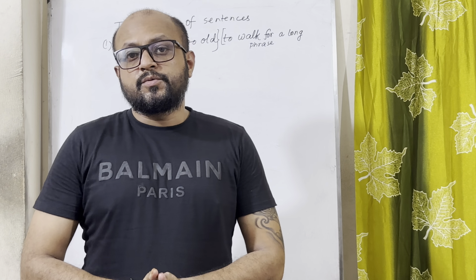Here I am with another new video where I'm going to discuss how we can change a simple sentence into a complex and also into a compound form. Well, we all know that in English, a simple sentence indicates a sentence where we have only one finite verb. But there may be phrases, and in those phrases you may get different types of verbs, and those are only and only non-finite verbs.